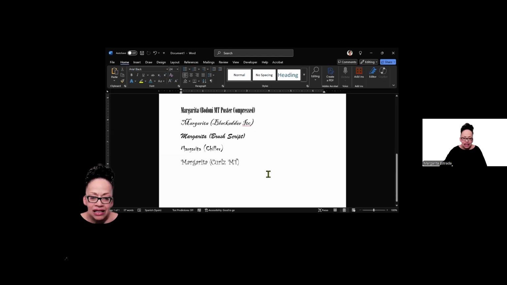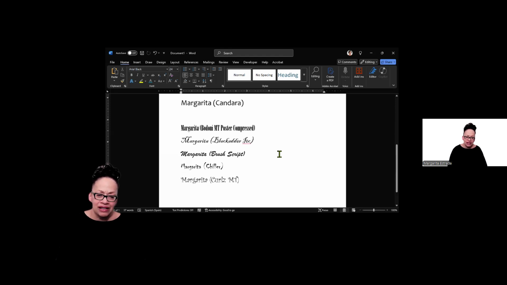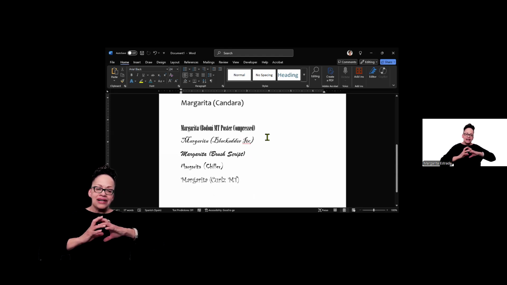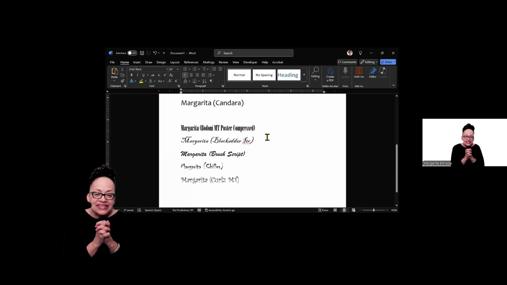So let's look at my name in Bodoni, and this is also a serif font. You can tell that by the edging. But also, you see the way it is compressed? What kind of feeling does that create? By looking at it, you can tell that it is tight.